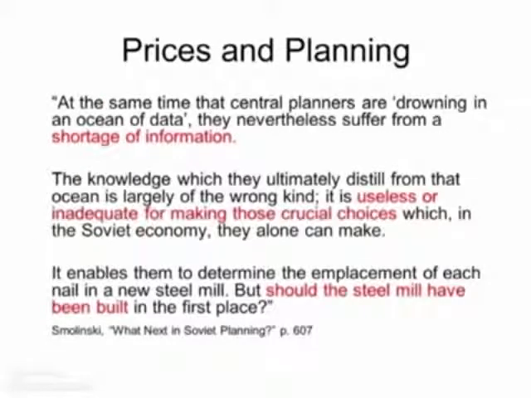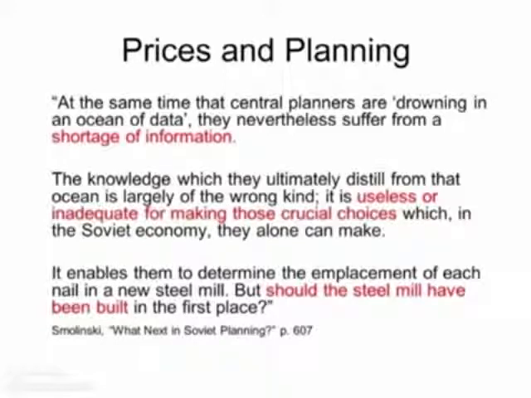So there is actually plenty of evidence that this was something that Soviet planners had to discover when they attempted to plan prices and to plan investment and to have control over the wages and everything set by the labor theory of value. They found that even when they gathered all the data that they possibly could from the center, and they were drowning in oceans of data, their data was still not good enough.